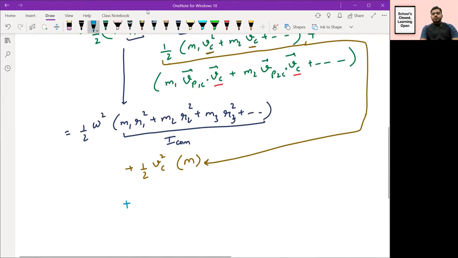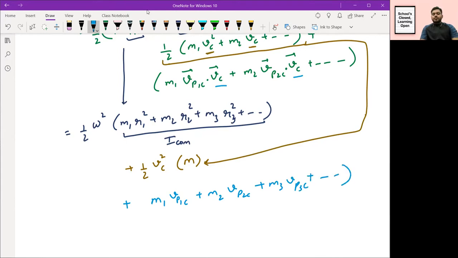The third term: m1 vp1c plus m2 vp2c plus m3 vp3c plus so on, dot Vc, right? We can write it like this.